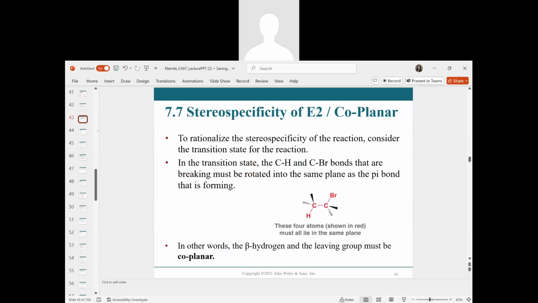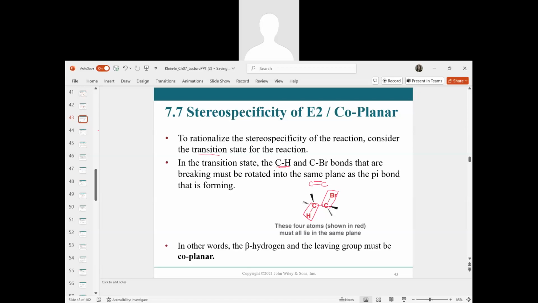To rationalize this, we have to consider that transition state and the CH bond shown here, and then our CBr bond that I just boxed in there, have to be rotated in the same plane as that in which the pi bond is forming. So between the carbon-carbon here, of course, that would be the plane where the pi bond is forming.